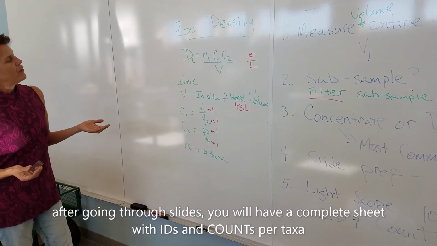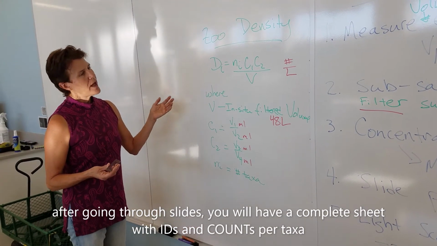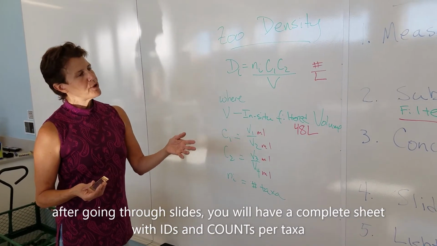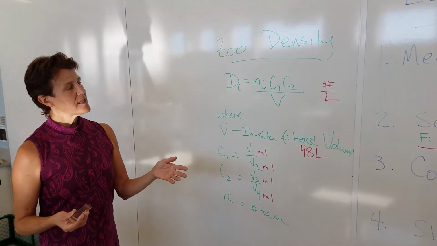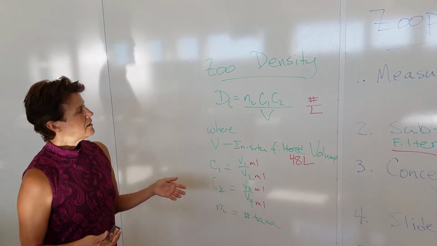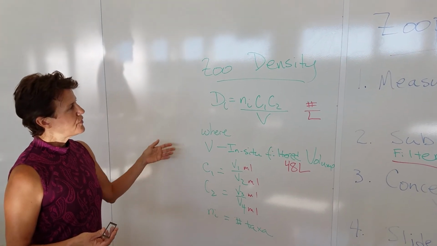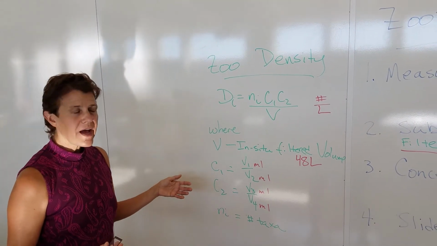So once you're done with that, and you don't have to do this in the lab when you're doing it, although I highly recommend if you're doing this processing in the lab, not too long after, figuring out the density sort of as you go.